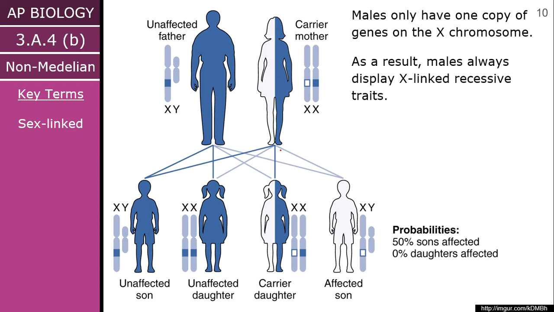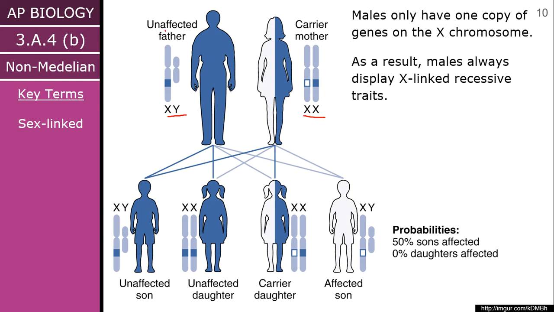This is just a little reminder that these are all just probabilities. Okay, so on the top here, I have the father and the carrier mother. So the father does not have whatever trait it is that you're tracking. The mother has one copy of the allele. So what I want you to do is kind of just think about this as being a recessive disease.